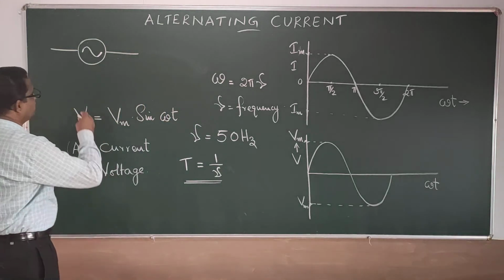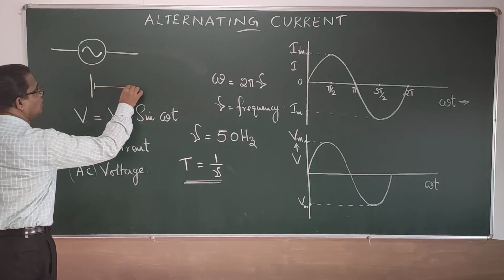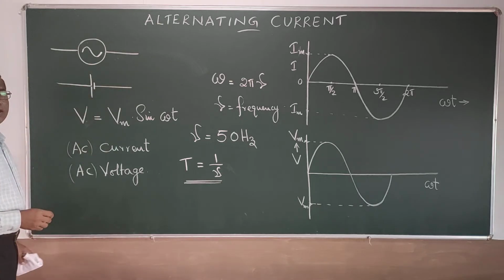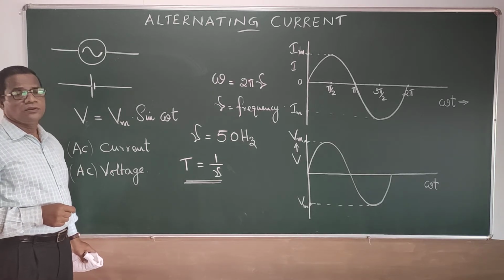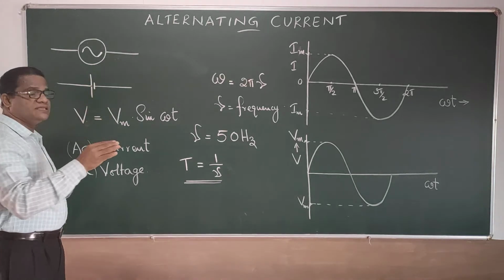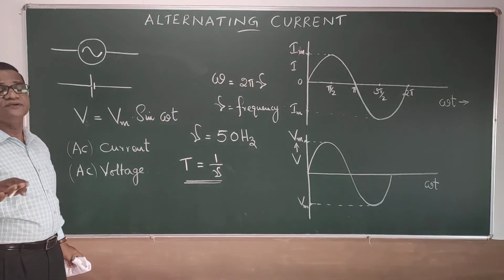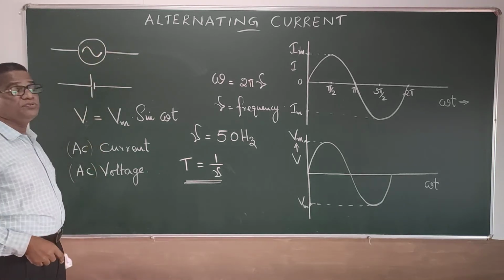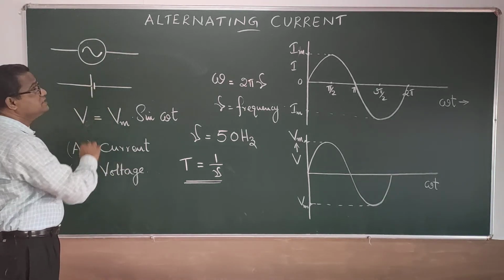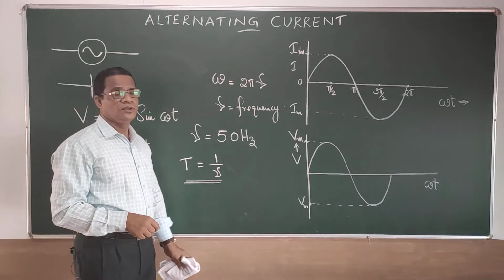For DC, we represent it like this, for DC voltage. This is for DC, that is, a fixed value of current and a fixed value of voltage. But AC is continuously varying and periodically reversing its direction.